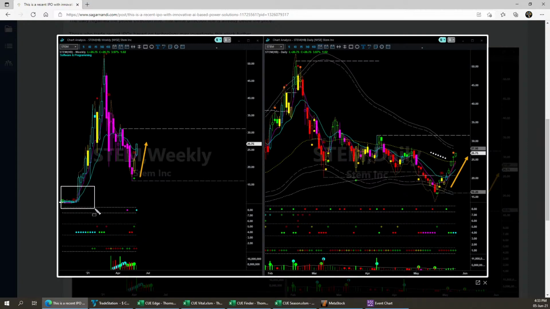One, it was a relatively recent IPO, and also like the TIGR stock, it was a little bit unusual because it was already some distance away from the recent low. As I mentioned in the post, you can see after earnings it tried to go down, then went up, and it just regained the yellow direction line.